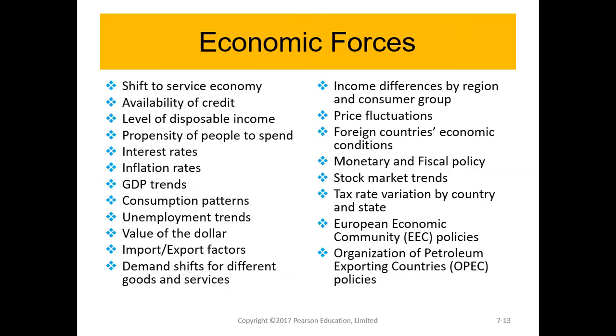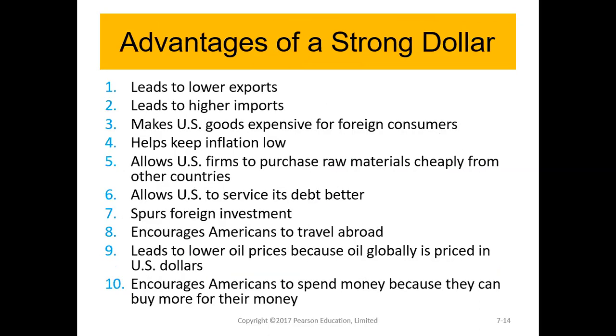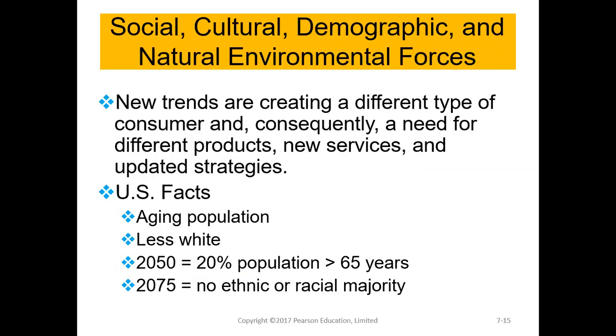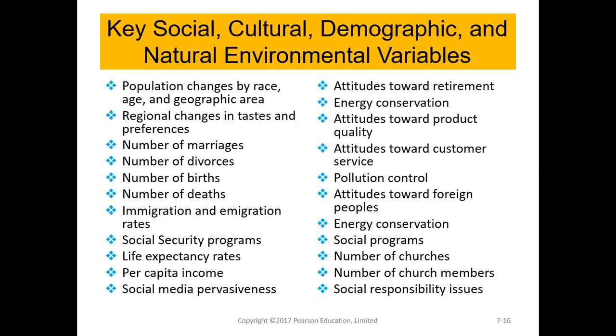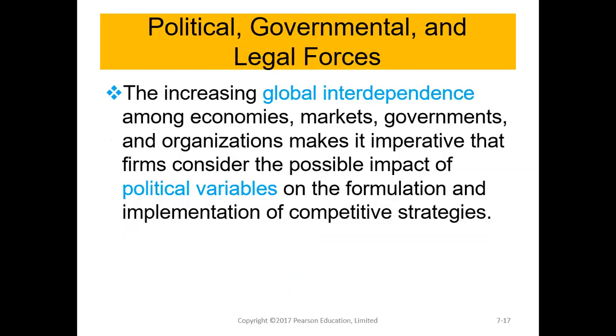And then we started to talk about the different external forces that the organization should look at. Economic forces, with the different examples of the economic forces. Of course, you don't have to memorize them all, you just remember some of them. Then the social, cultural, demographic, and natural environmental forces. You will find lots of examples here and also in your book.